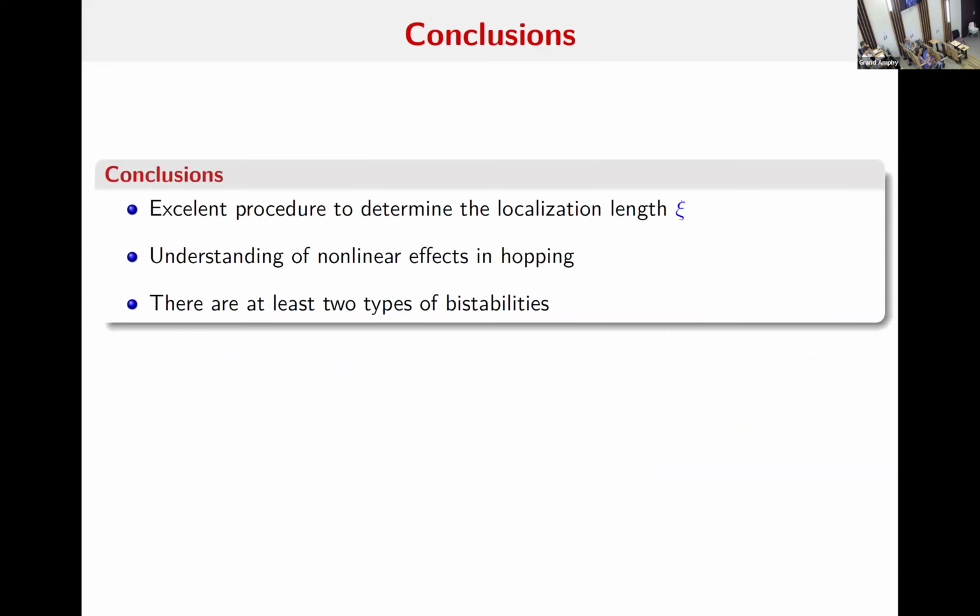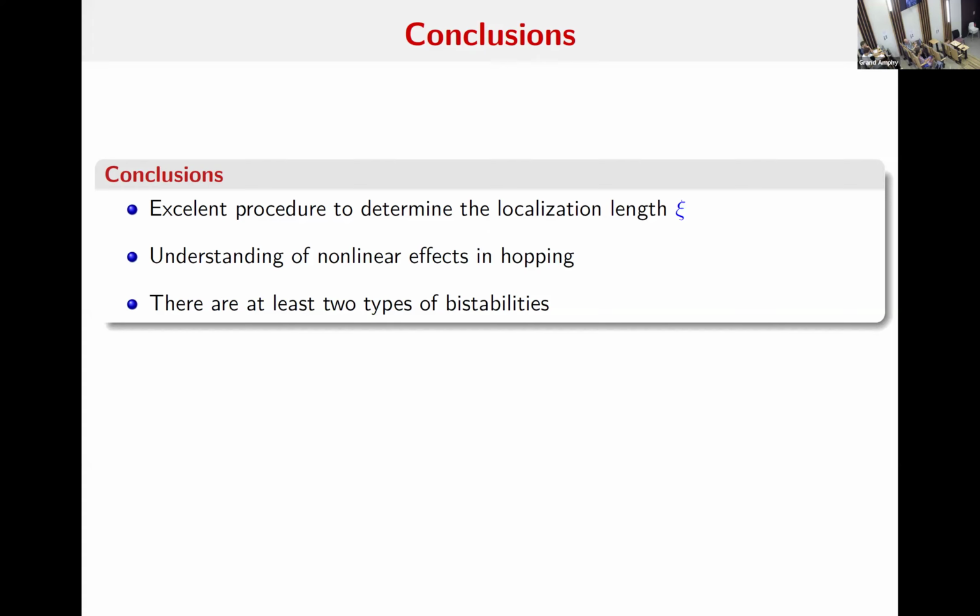Okay, conclusions. When you see this exponential field effect, from there you can estimate the localization length fairly well. You can also obtain the localization length from the activation energy, if you are sure that the activation energy is due to the charging energy. But there the dielectric constant enters, and you really don't know what the dielectric constant is, so you can estimate at least the order of magnitude.